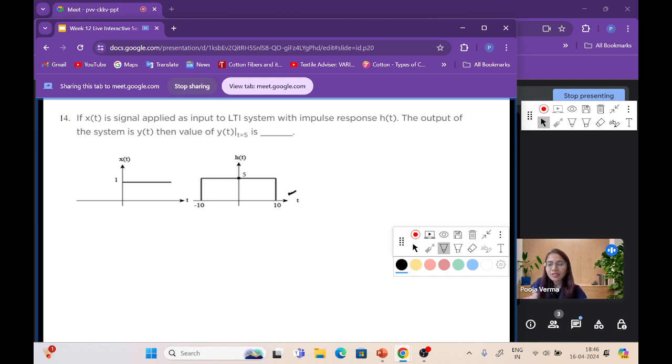So x of t and h of t are given, so we know that in the convolution, y of t is equal to the integral from minus infinity to infinity of x of tau h of t minus tau d tau.